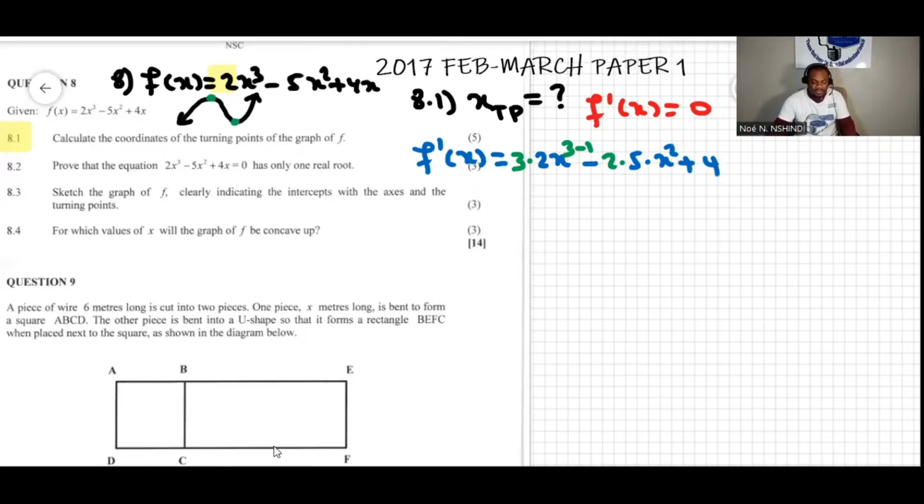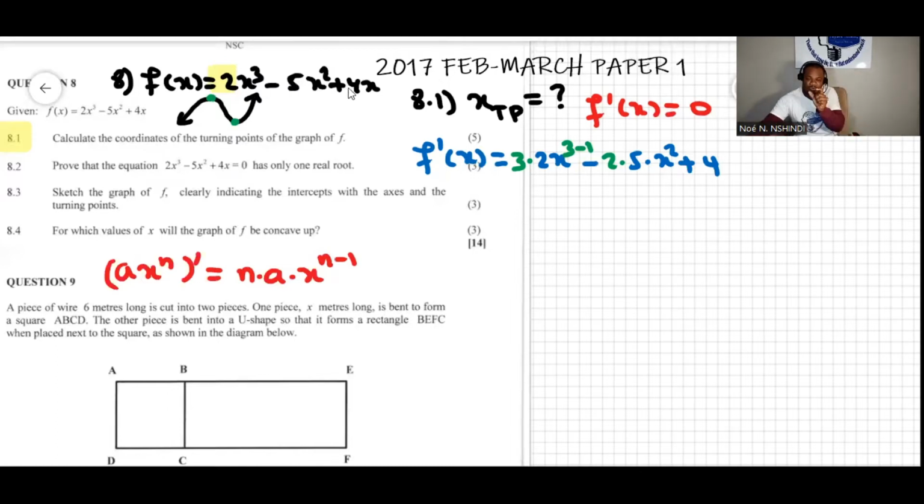The derivative formula says that if you have a x to the power of n, the derivative is n times a times x to the power of n minus 1.